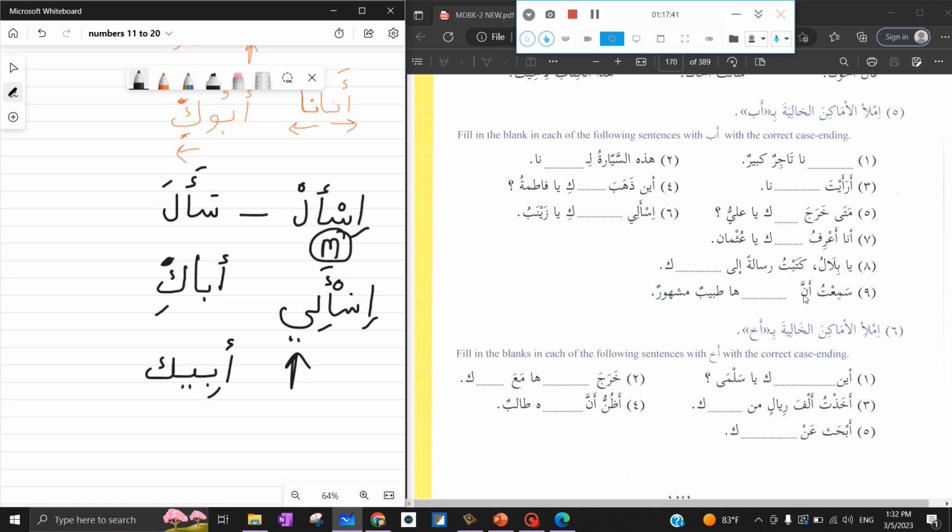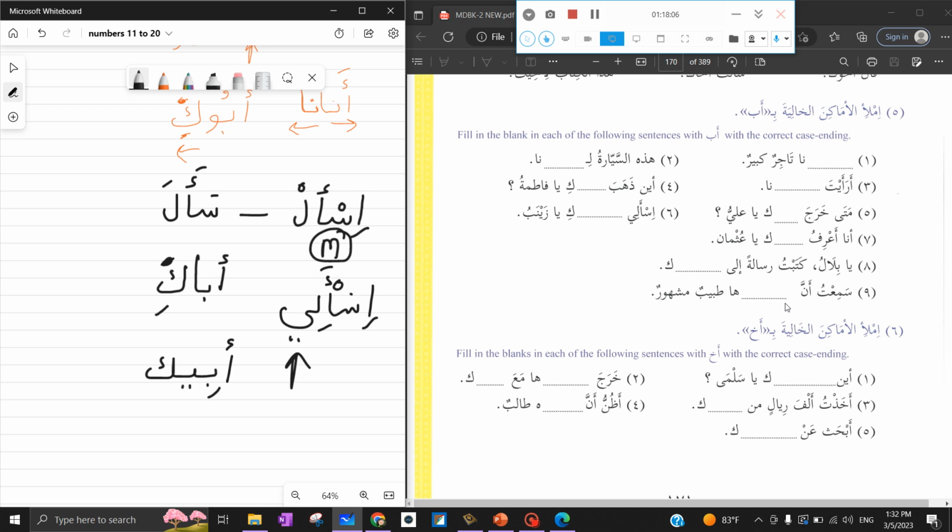Sami'tu anna, I heard that, dash, tabibun mashhurun. Now anna is a harf which makes the noun mansoob.